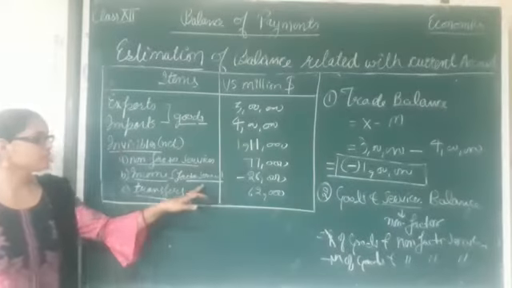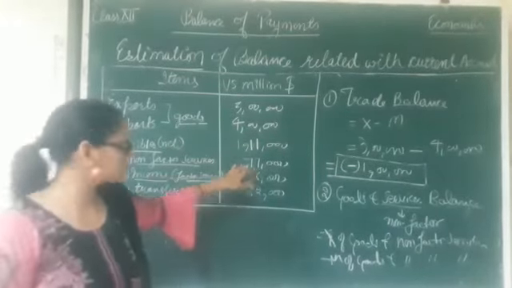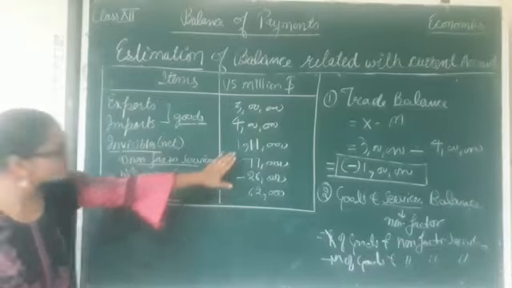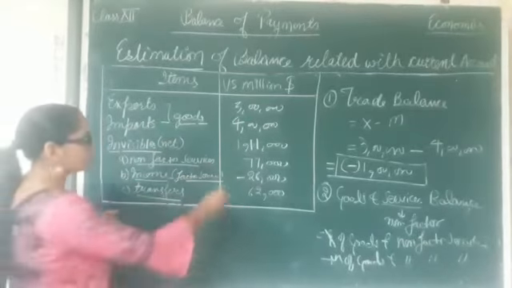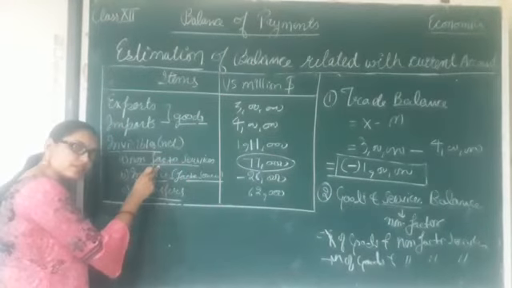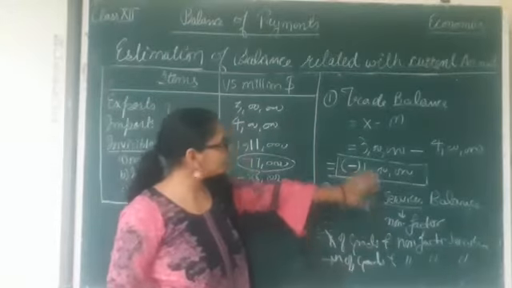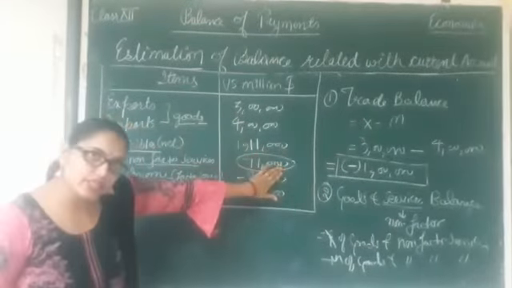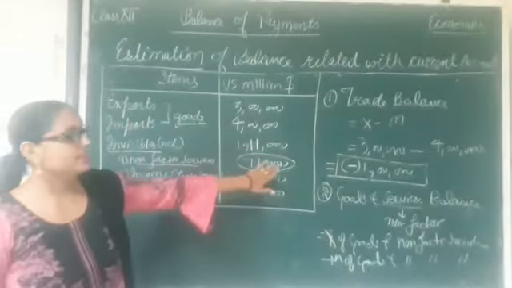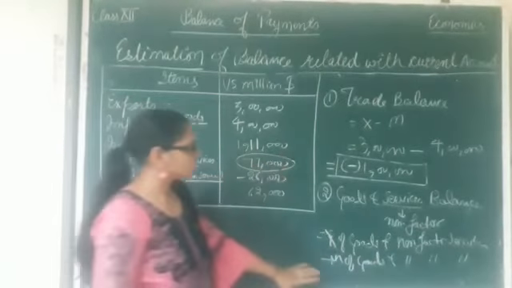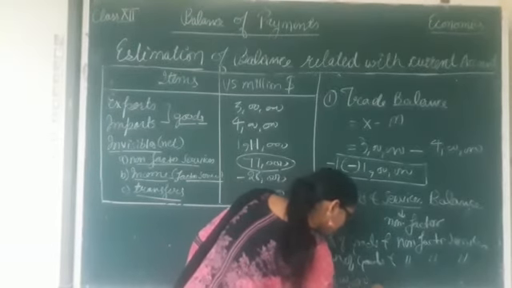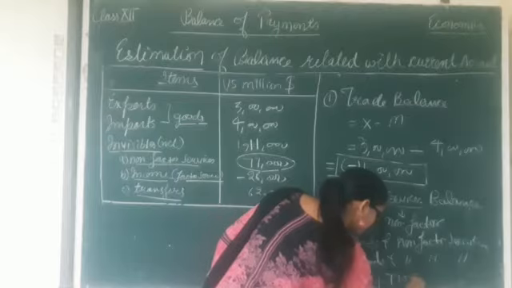But you will see we have not been given export and import of services. The export and import of goods is given, but invisibles net is given. Net means these are already the balances given to us. Clear? So this 77,000 is the balance of non-factor services. So what are we going to do here? We are going to add the balance of trade and the balance of non-factor service. The balance of trade is minus 1 lakh, plus 77,000.